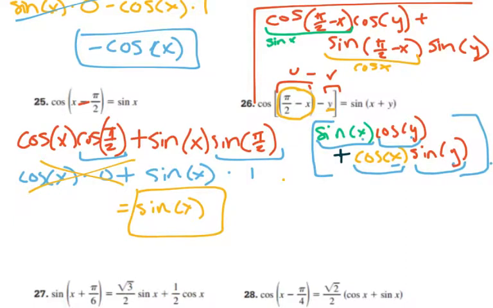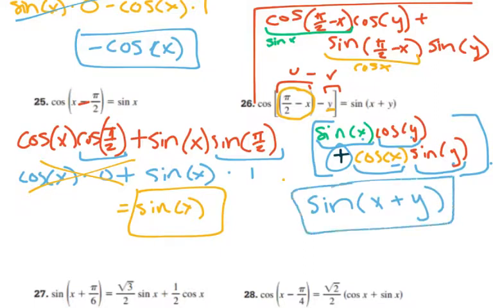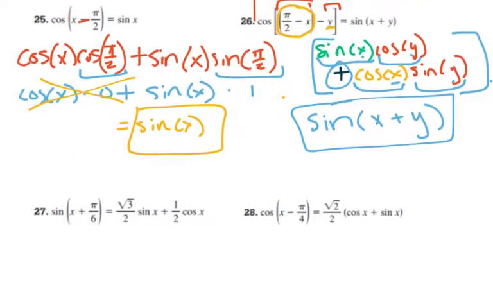And so this actually goes backwards now to using the sum and difference identity of sine. And of course there is addition here, and so that means that we're going to be doing sine of x plus y. So basically we use a sum and difference identity to expand it, and then use a sum and difference identity to compress it as well. Out and in. Super.